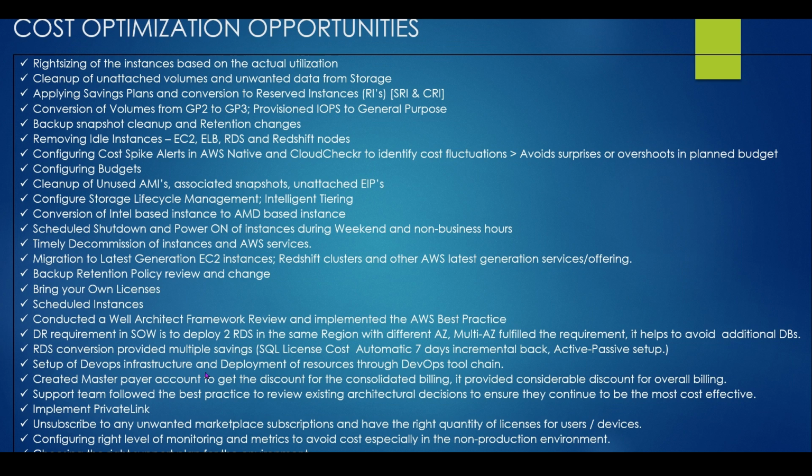And see, when you go and look at the bill, you will see a lot of stuff which is really not needed for your business. So maybe someone might have tested some marketplace offering, they might have subscribed to it, and then after 6 months, it will start being billable. Maybe for the first 3 months, 6 months, it might not have come up with a bill because it might have a 3 month free tier or a free trial, maybe a 6 month free trial, after which you will start paying for it, like how you subscribe to Netflix or other subscriptions at home, right?